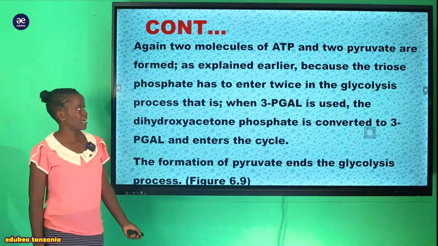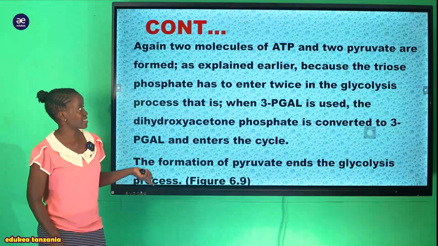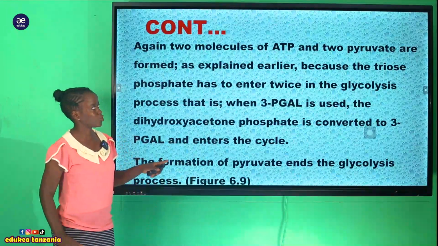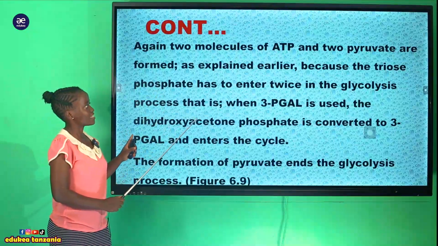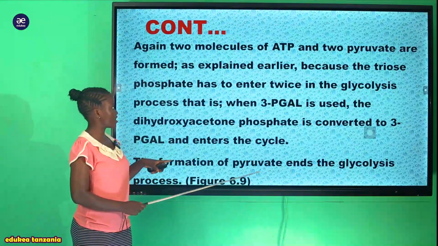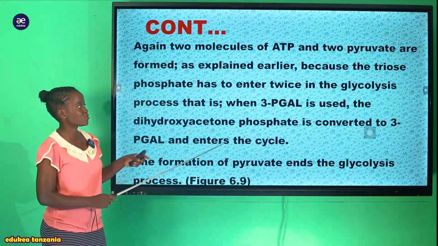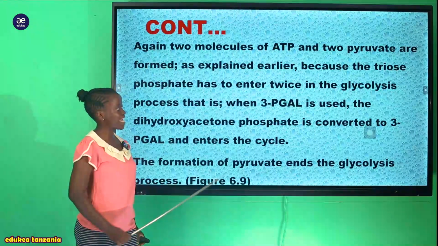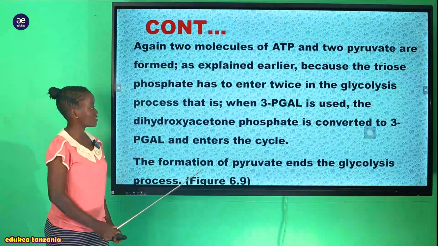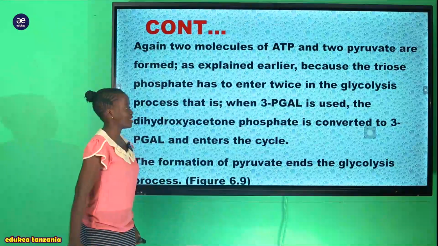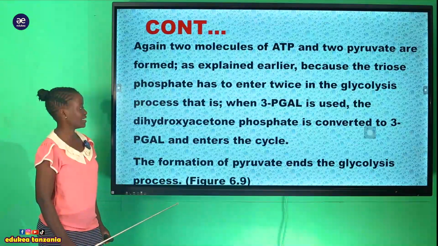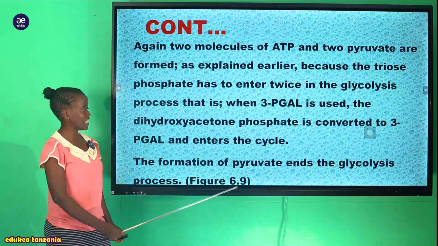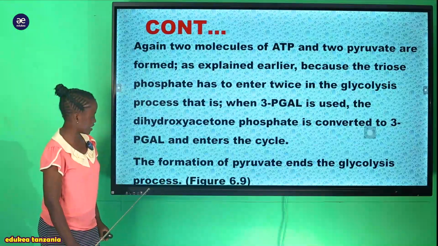So you can see how the ATP molecule is produced. So again, 2 molecules of ATP and 2 pyruvate are formed as explained earlier, because the triose phosphate has to enter the glycolysis process twice. That is, the dihydroxyacetone phosphate is converted to 3-PGAL and enters the cycle. So that is the formation of the pyruvate in the glycolysis process.